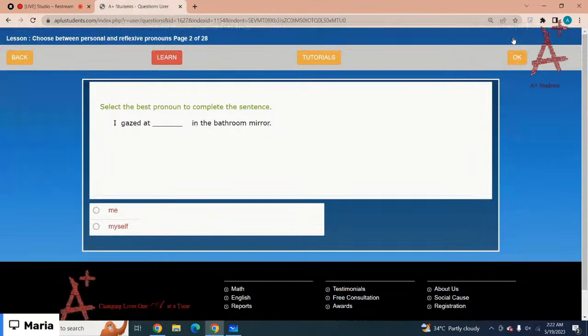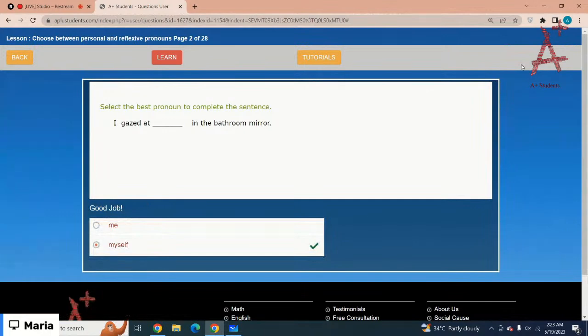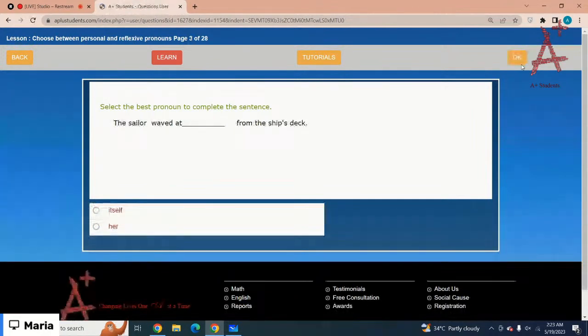Okay, I gazed at Dash in the bathroom mirror. Me or myself, which is the correct option? I gazed at myself in the bathroom mirror. Okay, the sailor waved at Dash from the ship's deck. Waved at itself or her, which is the correct option?